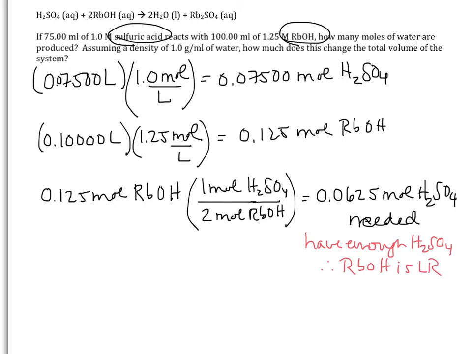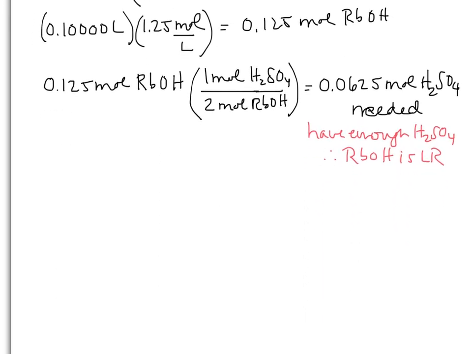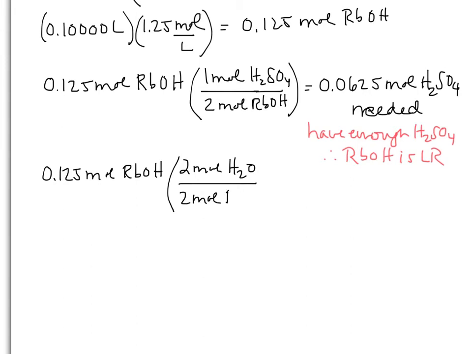Okay, now the question asked for how many moles of water, which is a product. So, as is always the case, we're going to use the moles of our limiting reagent, which is rubidium hydroxide, in order to figure out how much of our product we can make. 0.125 moles of rubidium hydroxide. I'm now going to relate that to the product, and what I can see is that for every 2 moles of water that are produced, 2 moles of rubidium hydroxide would have reacted.